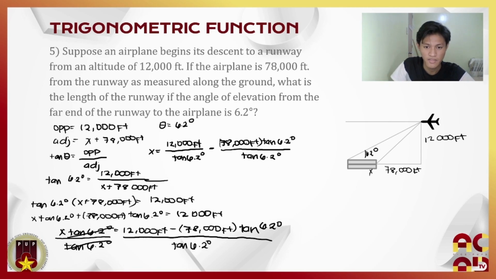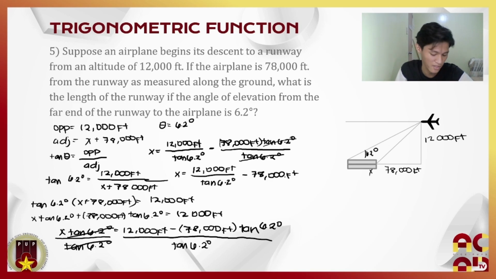So, pwede tayo mag-cancel ng tangent 6.2 degrees dito, kasi meron din sa numerator at meron din sa denominator. So, ang x na natin ay equal sa 12,000 feet over tangent 6.2 degrees minus 78,000 feet.